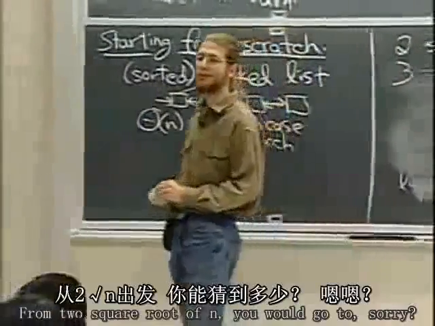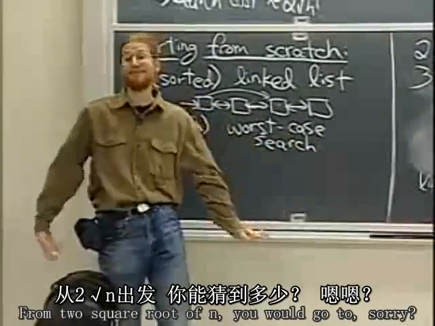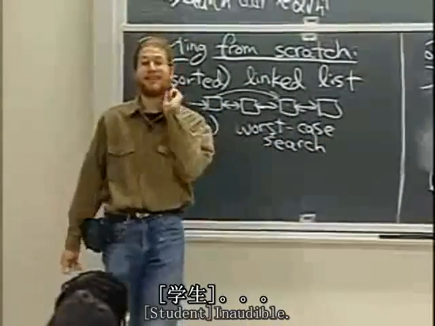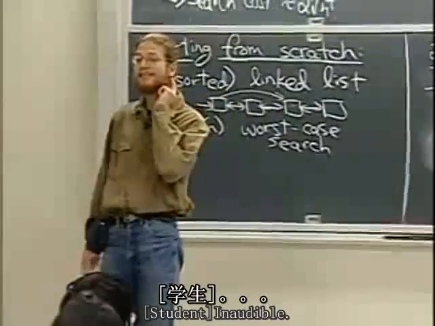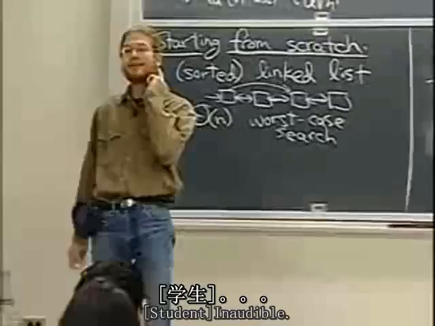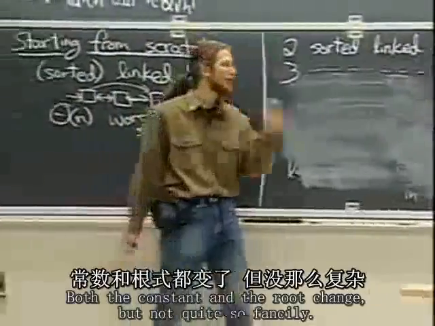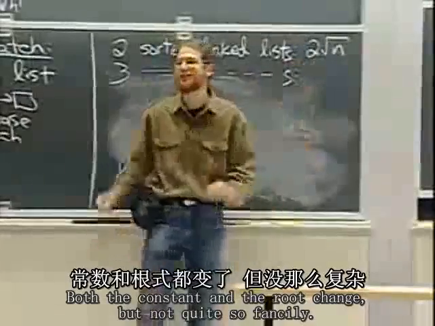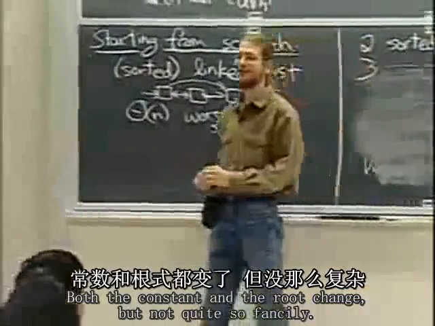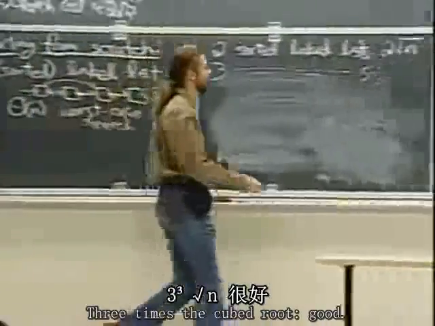From 2 square root of n, you would go to? Sorry? 2 square root of 2 fourth root of n, that's on the right track. Both the constant and the root change, but not quite so fancily. 3 times the cube root, good.